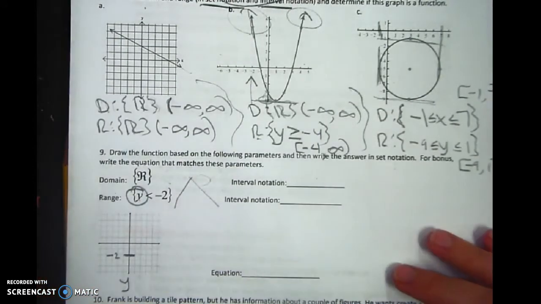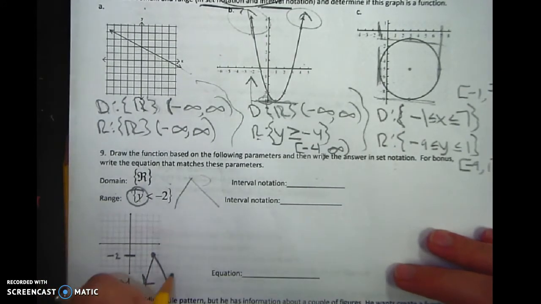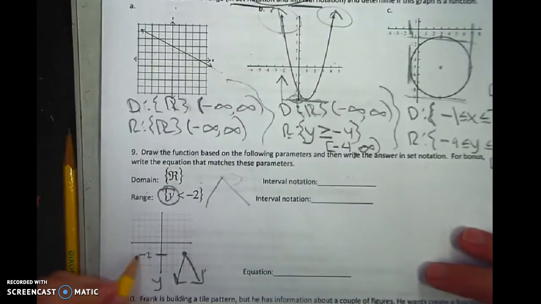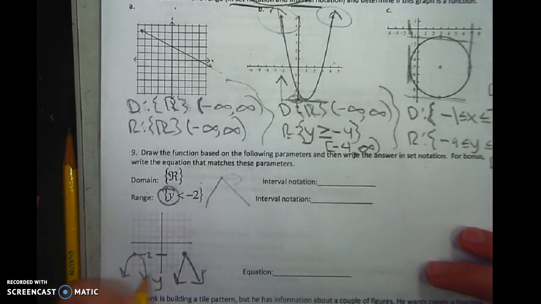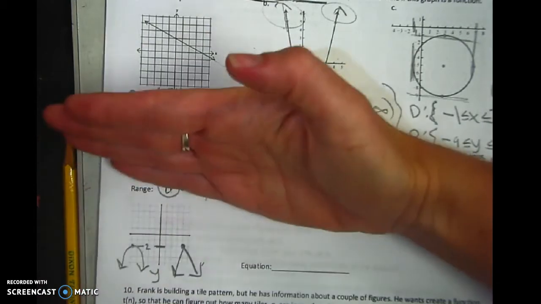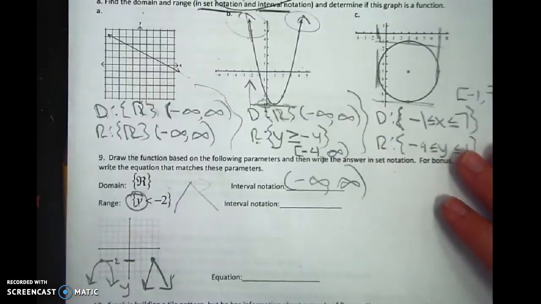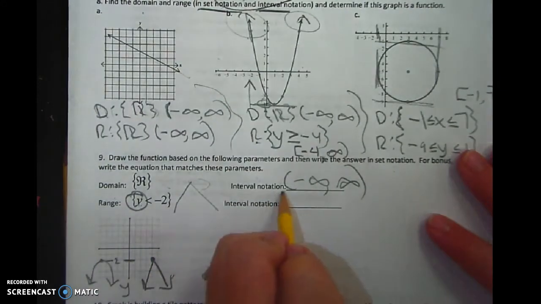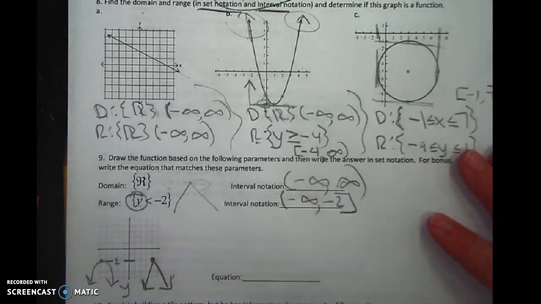So I'm going to start it right here and make it go down. I could even start it right here and make it go like this. That's also another possible answer. But I can't make it go up. In interval notation, that's negative infinity to positive infinity. And then in interval notation from here, it's negative infinity to negative 2 included.